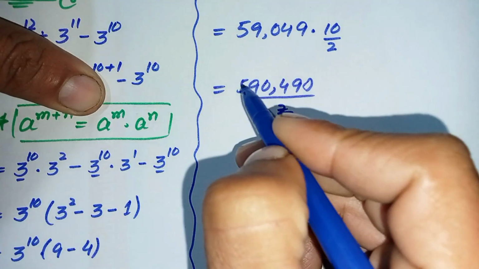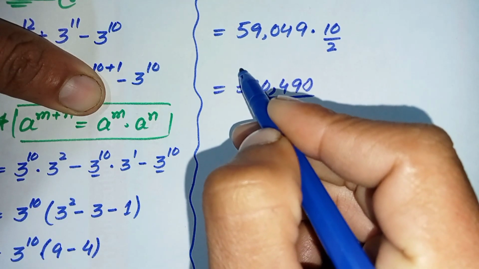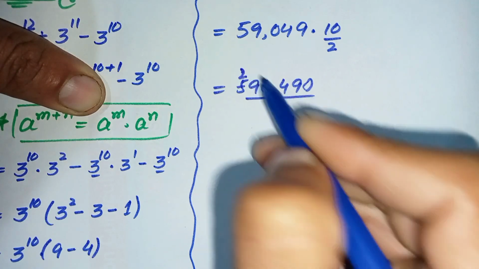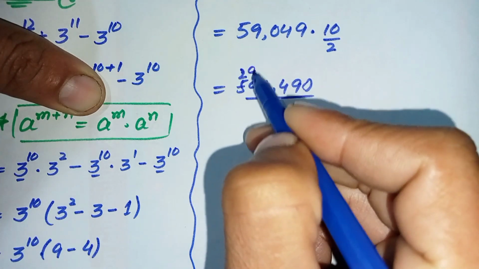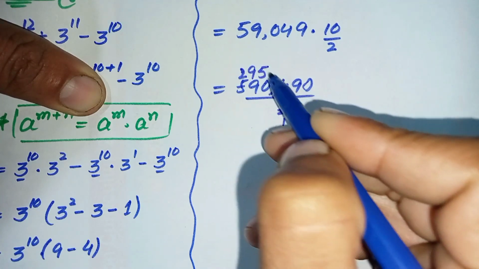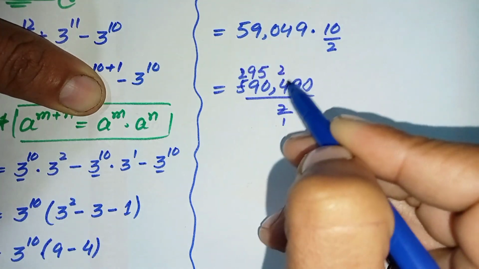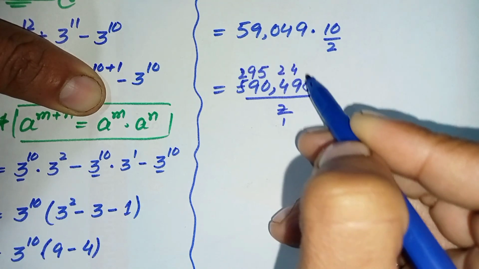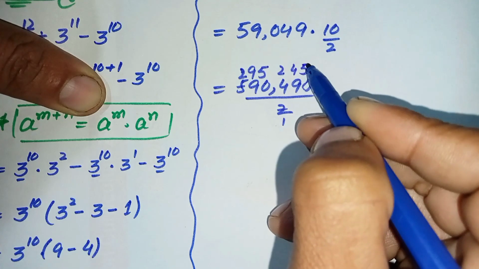Now the division is very simple. 2 times 1 is 2, 2 times 2 is 4, 1 will become here, it will become 19. 2 times 9 is 18, 1 will become here, it will become 10. 2 times 5 is 10, 2 times 2 is 4, 2 times 4 is 8, 1 will become here, so it will become 2 times 5 is 10.